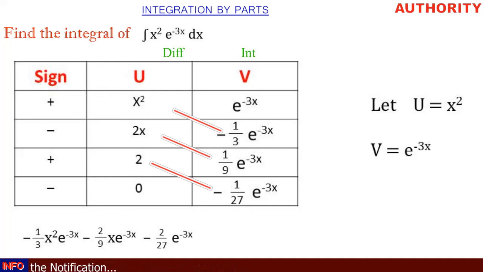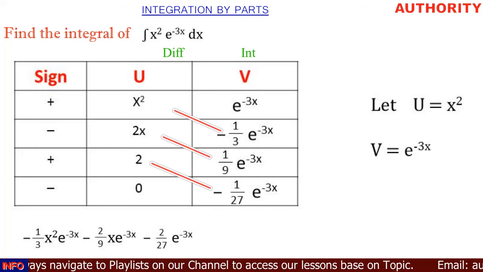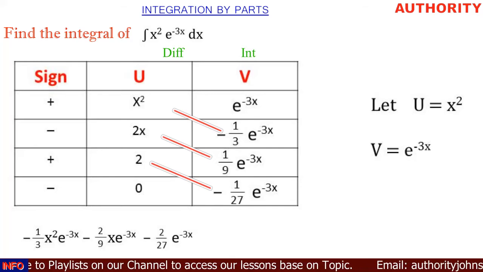When we look closely, we discover that there is a coefficient attached to all the terms, so we can factor out whatever we have in common. We can factor out minus 1 all over 3 and then e raised to power minus 3x, keeping each on one side.